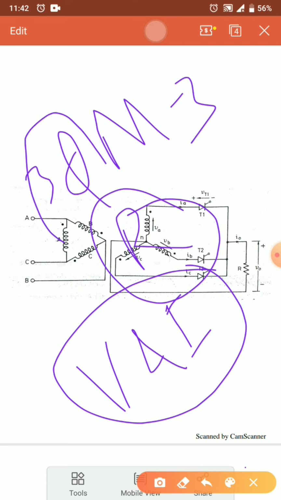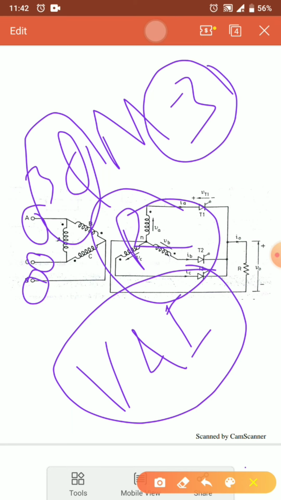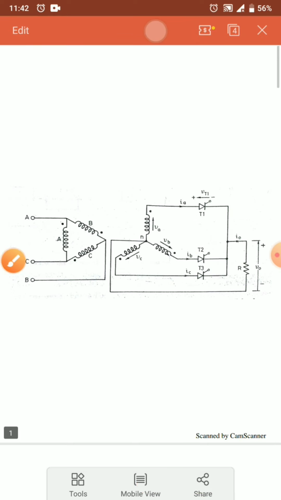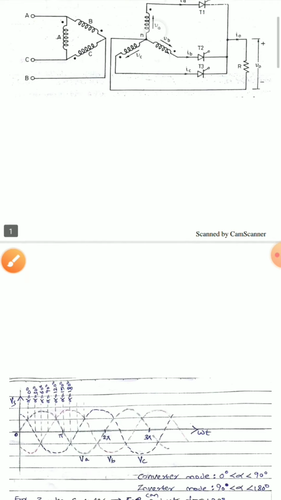Three-phase is nothing but using a three-phase supply, therefore it is called three-phase. We call it three-pulse because here we have three thyristors. Now let us look into how this circuit will perform.